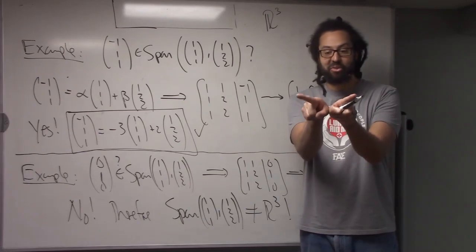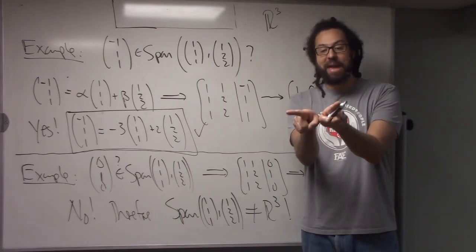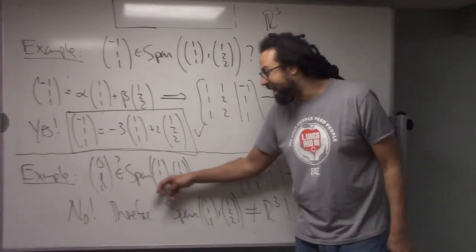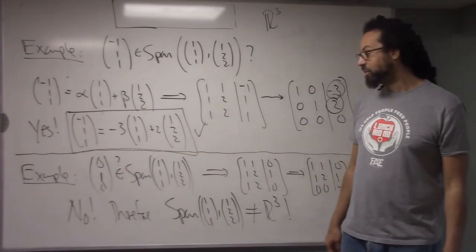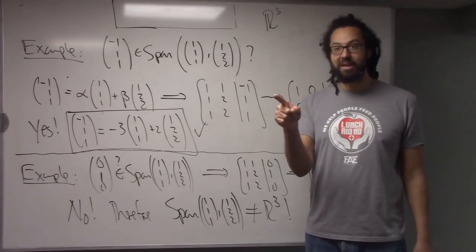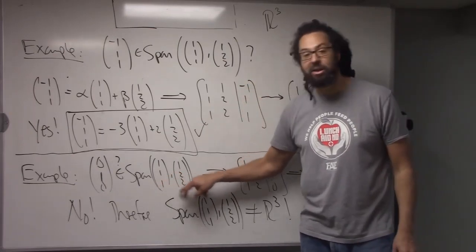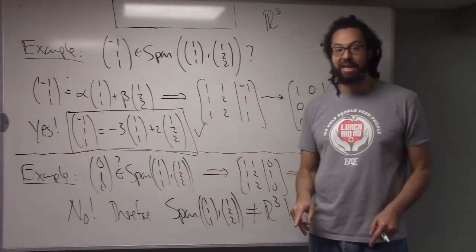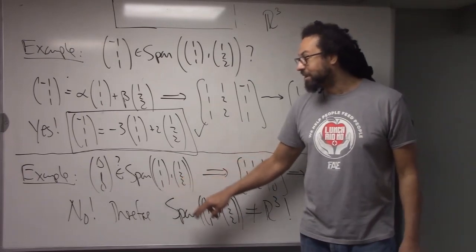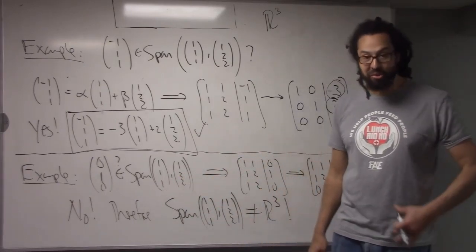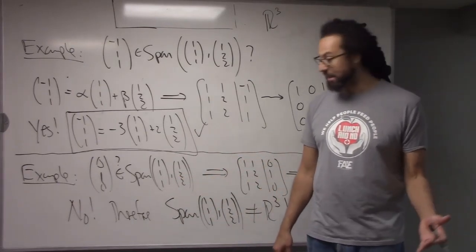The span of these 2 vectors is going to turn out to be a plane. So one single vector will sweep out a line. 2 non-parallel vectors will sweep out a plane. 3 non-coplanar vectors will sweep out all of R3.